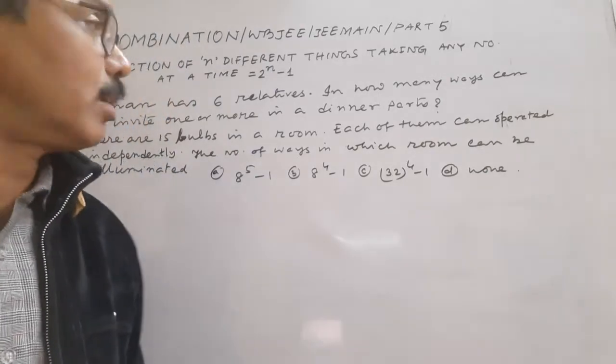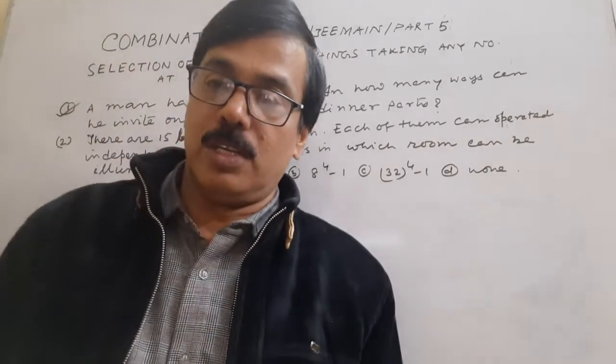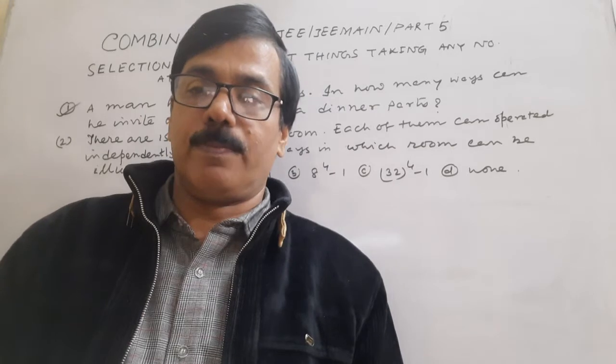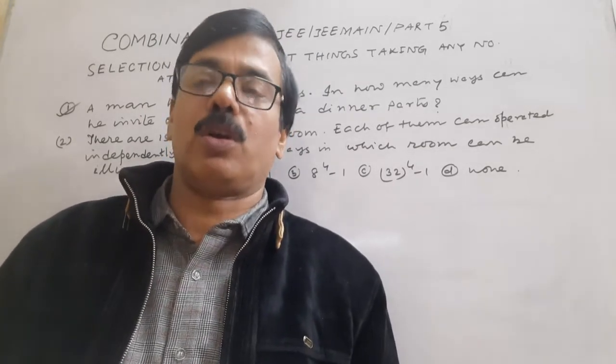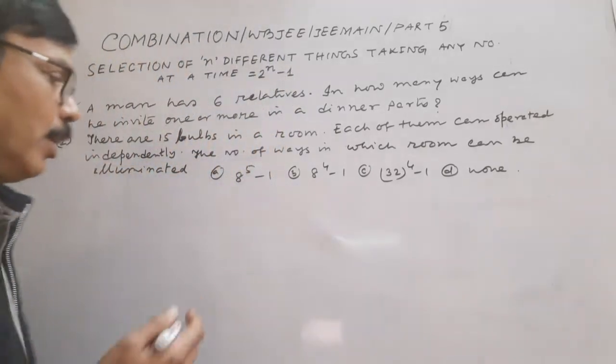So 6 relatives. So out of 6 relatives, he can invite 1 or 2 or 3 or all at a time.